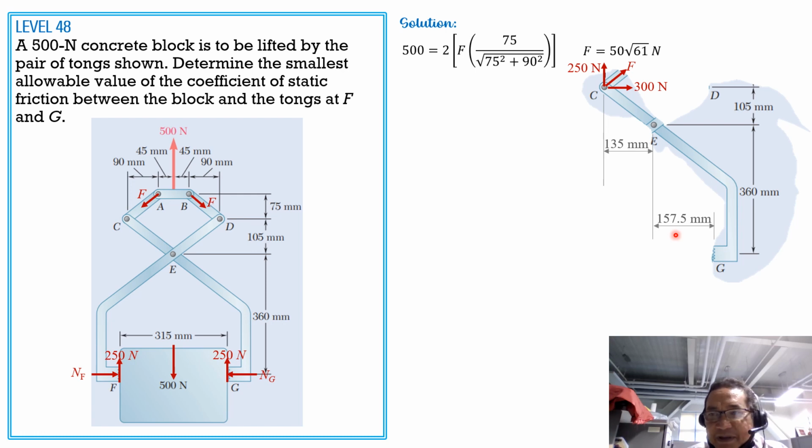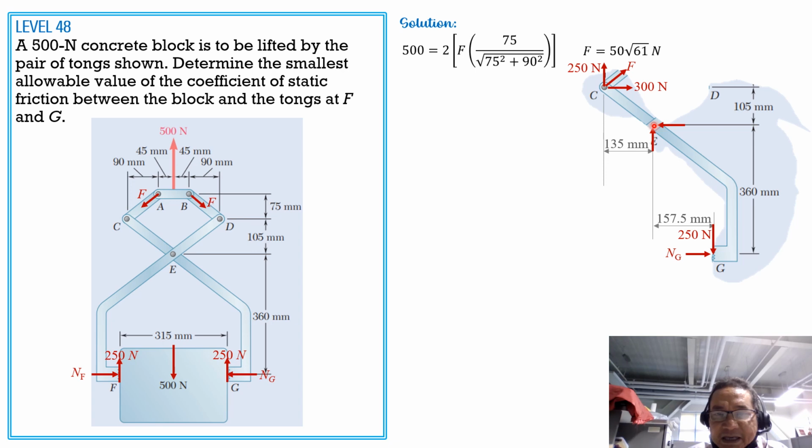Then we'll have the friction force, which is 250 newtons. By action reaction, it is now downward. Then N_G, which is rightward. And we have, of course, reaction components at E, which are not important because the objective is to sum up moments about E.